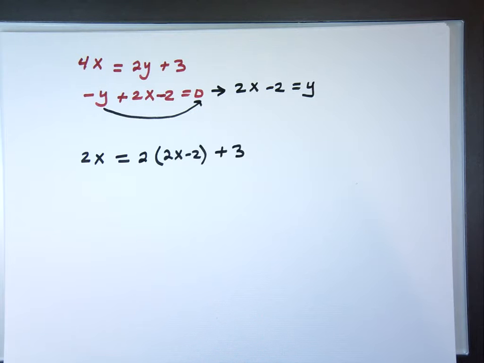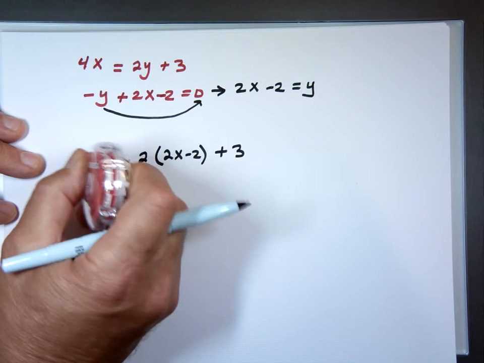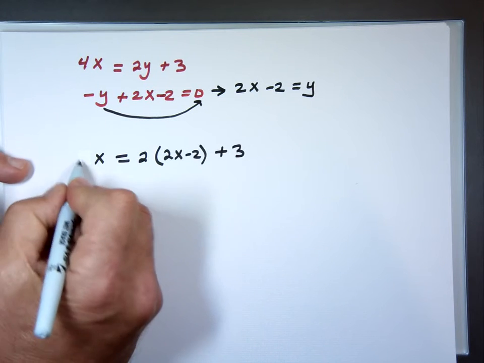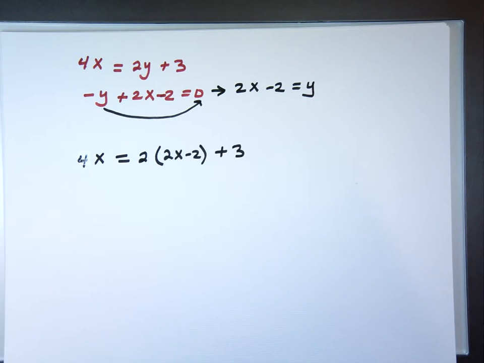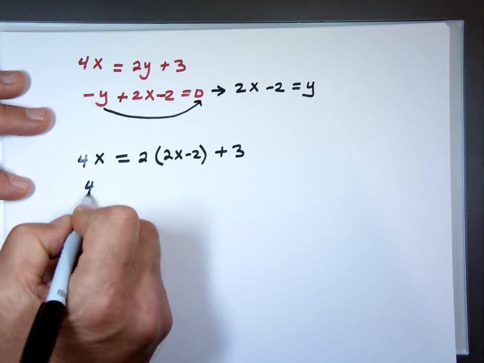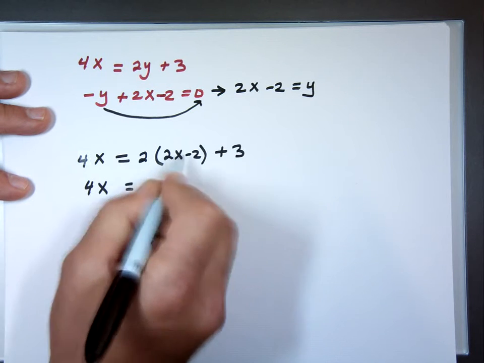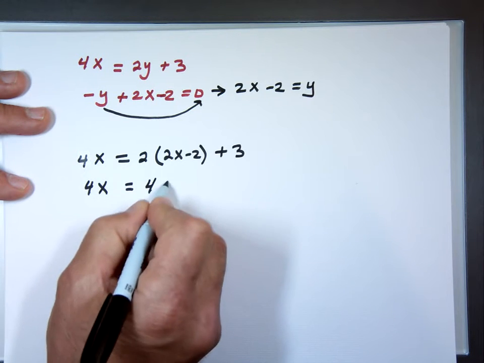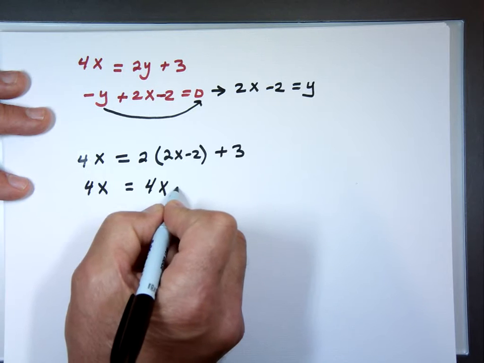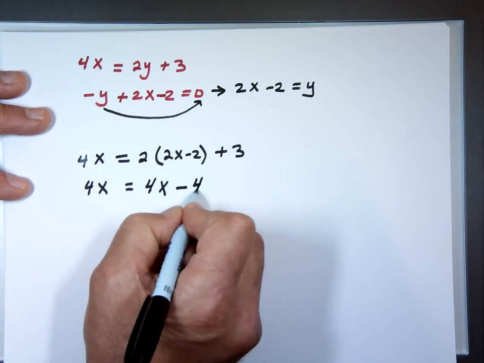Oh, that's 4x, the first one, right? Not 2x. Because when I made it, I had a plan in my mind for the x's to cancel out, and I thought, oh, wait a minute, something is not right. So 4x equals 2 times 2x, which is what? 4x minus 2 times 2, which is 4, plus the 3.